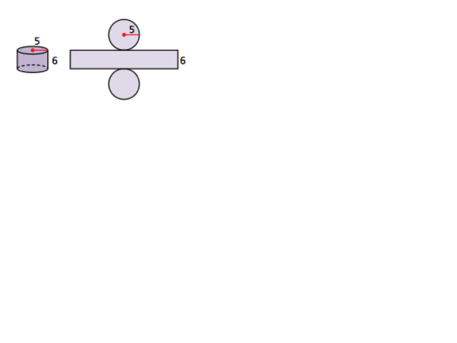Alright, let's try finding the surface area of a cylinder. As you can see, we have 2 shapes here. If we flatten this out, we have a circle 2 times, and we also have a rectangle. So, let's start with the area for the circle. I remember that the area of a circle is radius squared times pi.